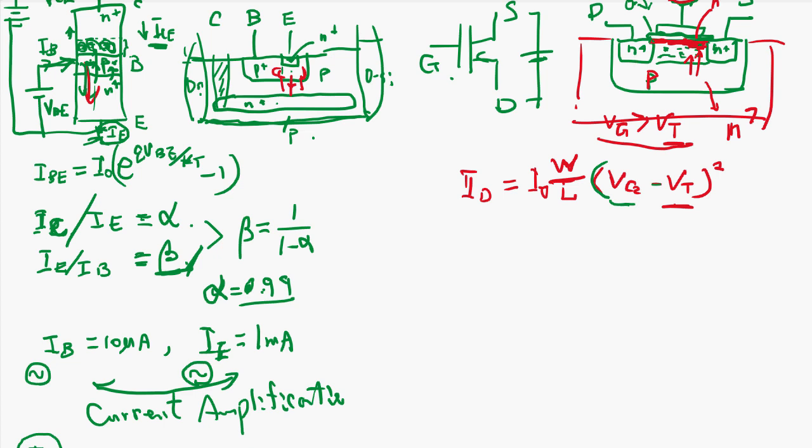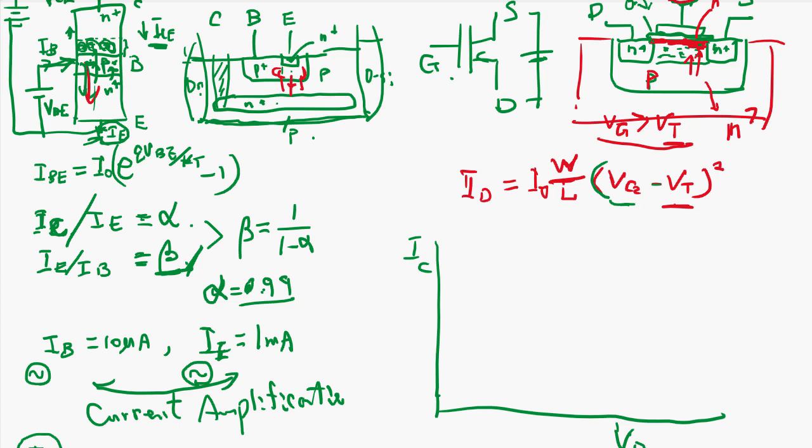So actually, we can have a similar curve as the bipolar transistor. In this case, we call this the channel current, and this is the drain voltage.